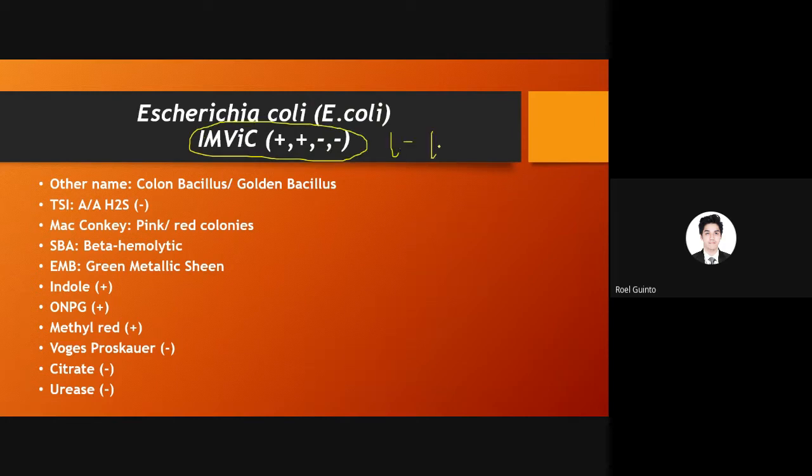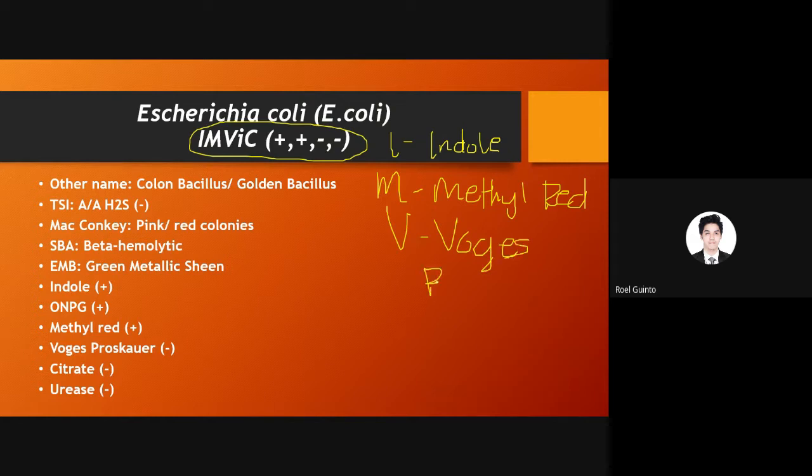I for indole, M for methyl red, V for Voges-Proskauer, and C for citrate. Remember our IMViC.